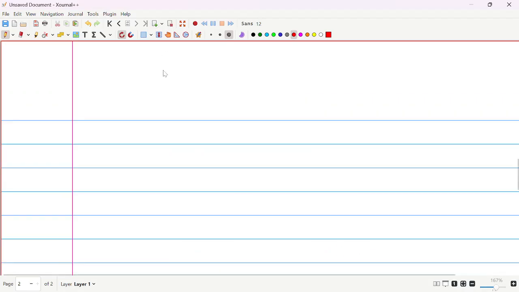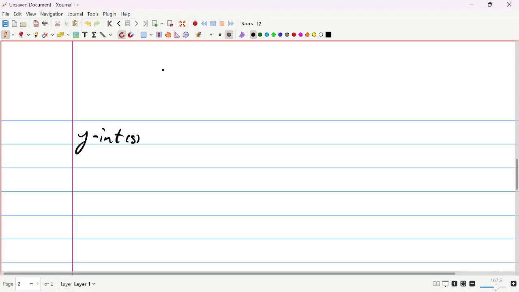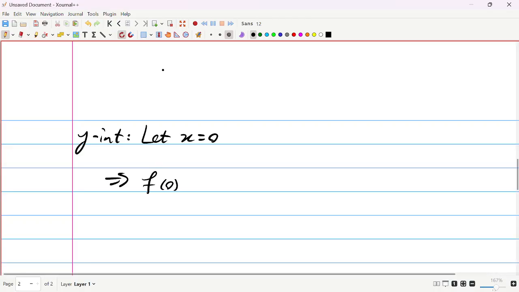How do we find the y-intercepts? The y-intercept is going to be only 1. You're going to notice that. It is essentially when we need to let x be equal to 0, such that what we are going to get is f of 0, right? It's just equal to what? What is our function? It is 0 plus 2 squared minus 1.